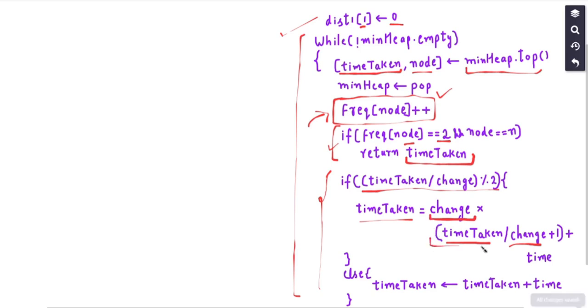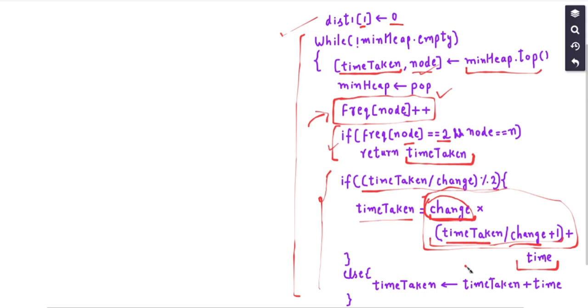So this represents the number of flips, this represents the time taken in each flip. So this basically gives me the time that we have to stay at the current vertex before I move to the adjacent node, and this time is added to the current time taken to move to the adjacent node.